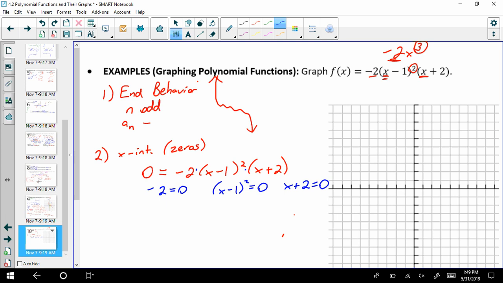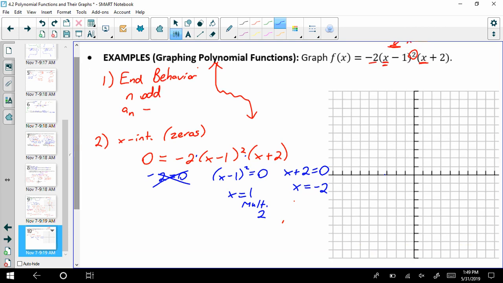And solve. Well, this first one, notice there's no x, there's no variables, so that's garbage. I'm not going to get anything out of that. The next one, I will tell you we get 1 with a multiplicity of 2. I got that answer twice. And this one, if I subtract 2, I'd get -2, but I'd only have that answer once.